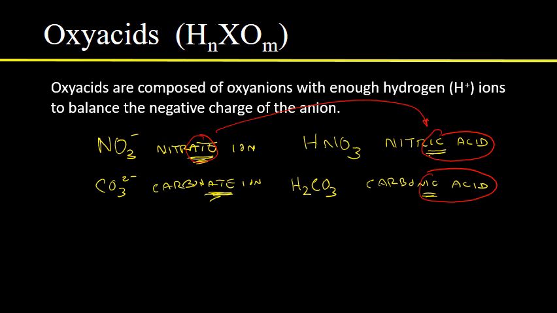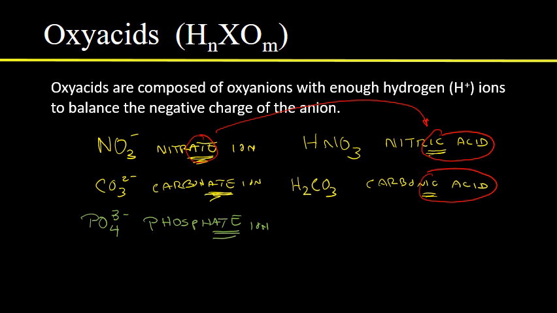So for example, see if you can figure this one out. PO4 3- is phosphate ion. So if that ends in -ate, go ahead and write the formula and the name of the corresponding acid.